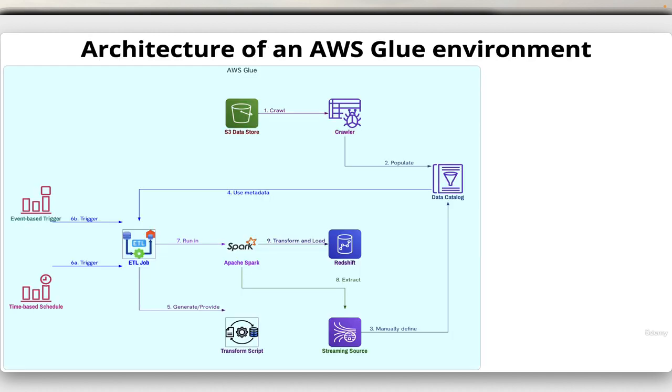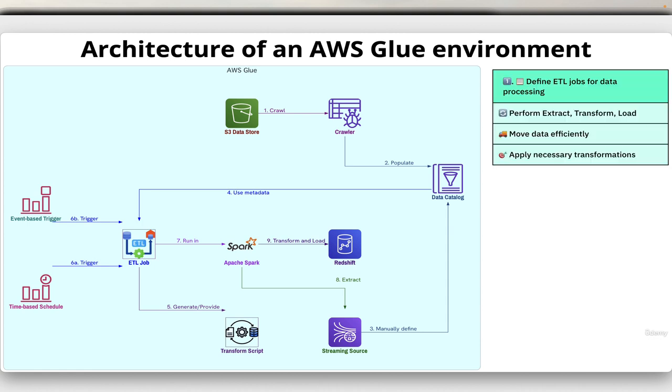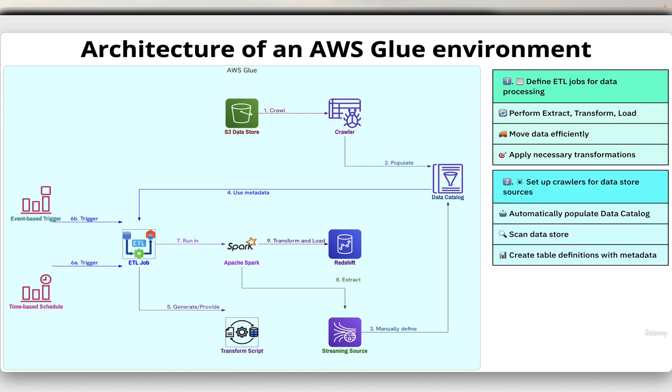Okay, let's see the architecture of an AWS Glue environment. This is specific to environment, AWS Glue environment. So AWS Glue jobs are defined to perform the ETL, efficiently moving data from various sources to specified targets while applying necessary transformations. For data store sources, you can configure a crawler.